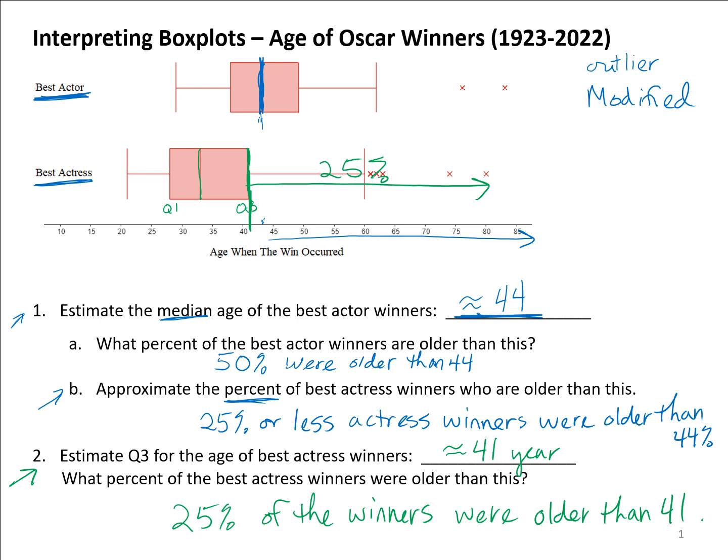That repeats part of what we were doing in problem 1B. In part B, we said 25% or less because we were looking at a slightly higher age, whereas when we look at 41, that's right where Q3 is, so we could say exactly 25%. 25% of winners were older than 41 years of age.